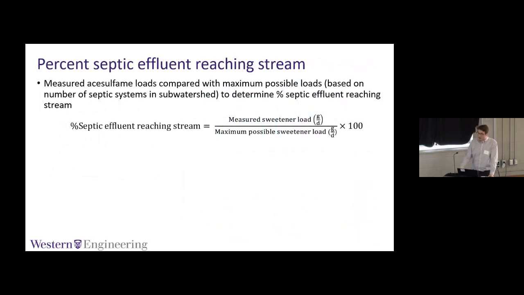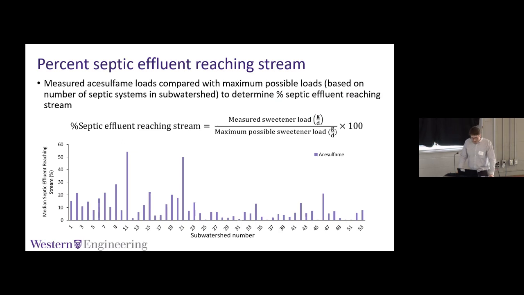Using our artificial sweetener concentration measured in the stream, we're able to calculate the percent septic system effluent reaching the stream, using the measured sweetener stream load and dividing that by the maximum possible sweetener stream load, which takes into account all the septic systems upstream and their theoretical maximum contribution.